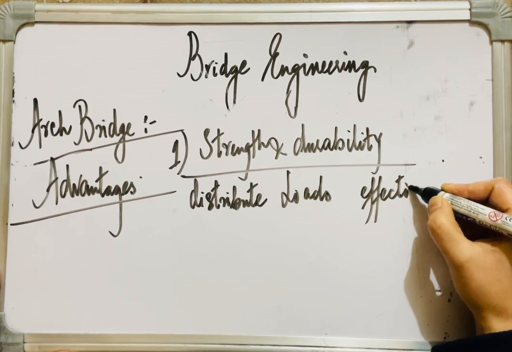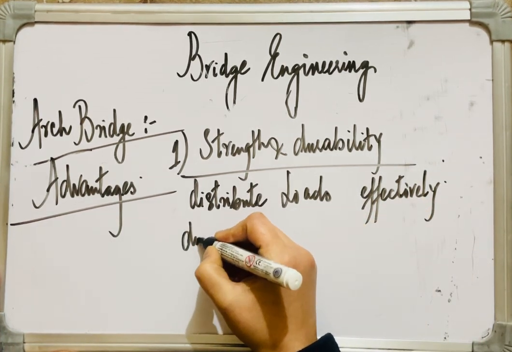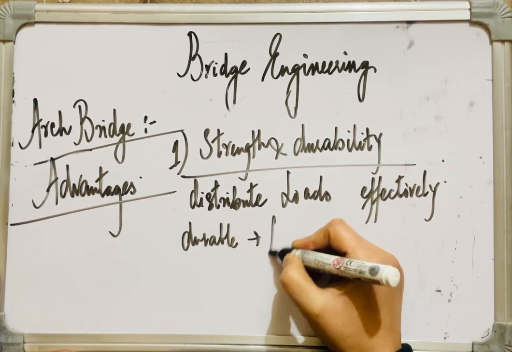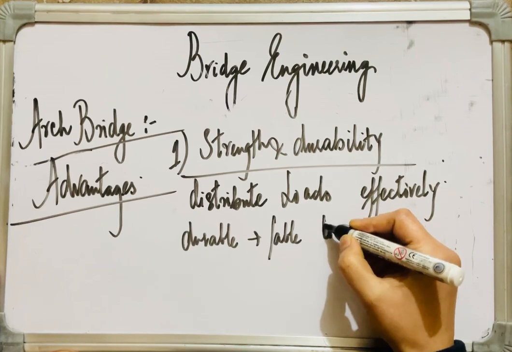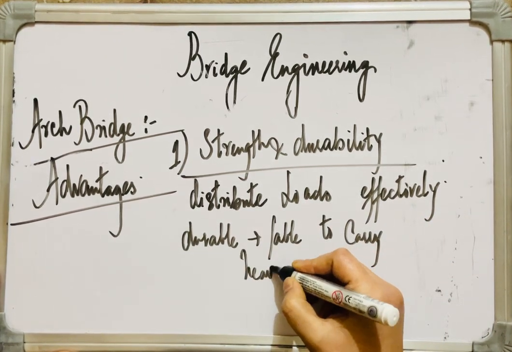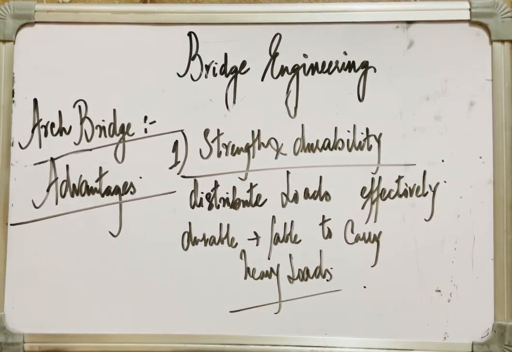That means they distribute the weights and the forces effectively, making them highly durable and able to support or carry heavy loads. So this is the first advantage of the arch bridges, that they have high strength and durability.